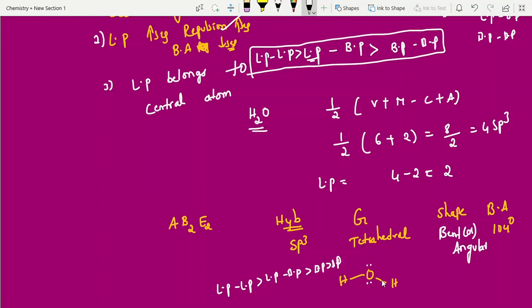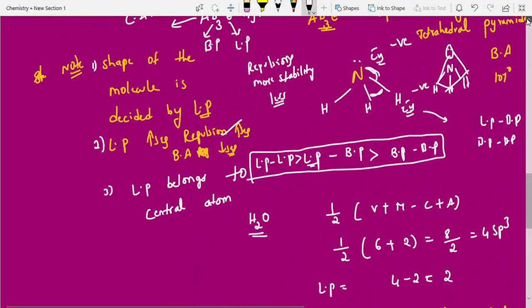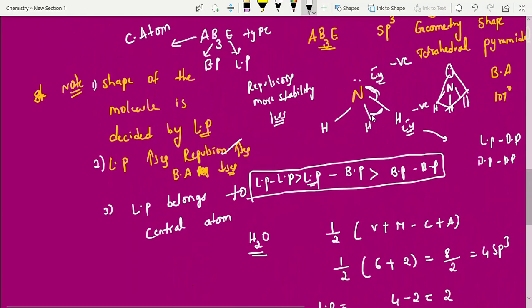That's why the bond angle here shows 104. Bond angle is nothing but the angle between two adjacent atoms. In the ammonia molecule, what is the bond angle? 107 degrees. If you look into this, it is 107. Clear? Like this. Clear, students?